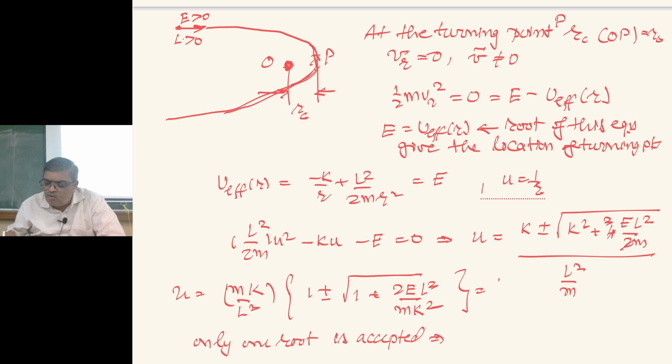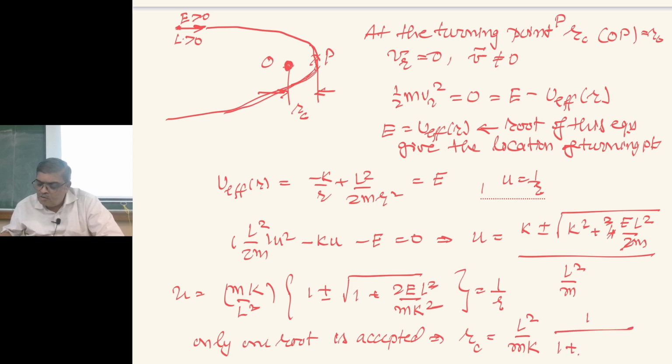So this, by the way, is equal to 1 by r. So therefore the rC is equal to the reverse of this, that becomes L squared by mk, and I'm going to have a 1 by, I should have a 1 plus square root of 1 plus twice E L squared by m into k squared.